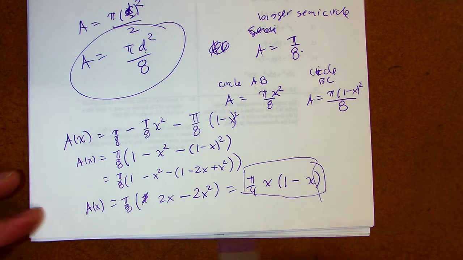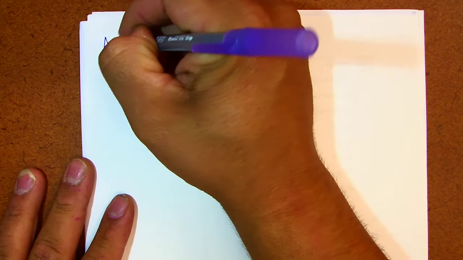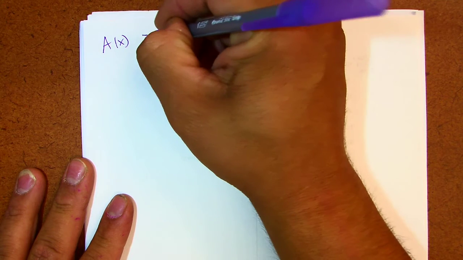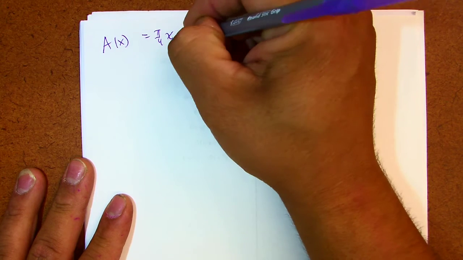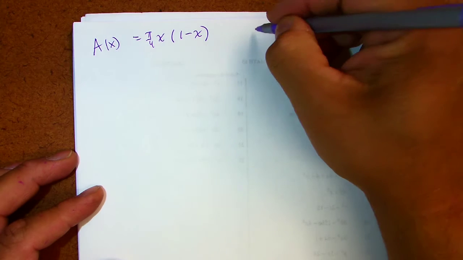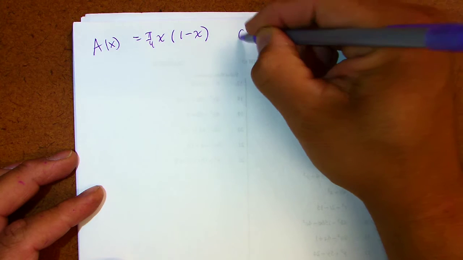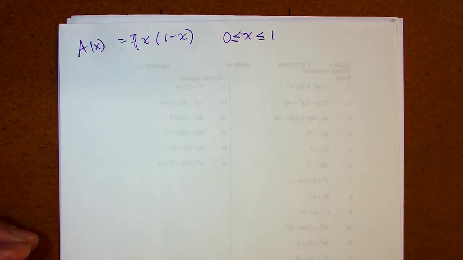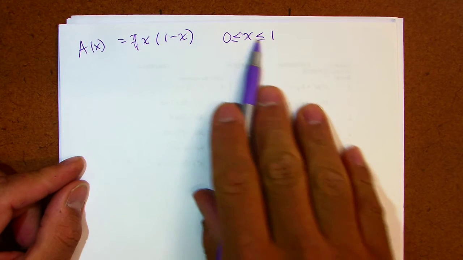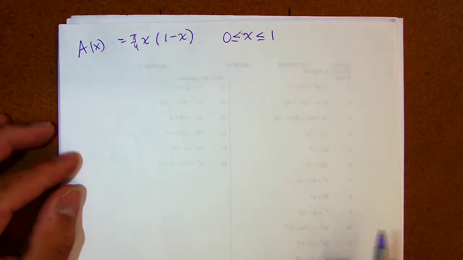All right, now let's maximize this function here. I'm going to move to a new piece of paper. It's important to realize that x is between 0 and 1, since we're bounded by that large outer circle.